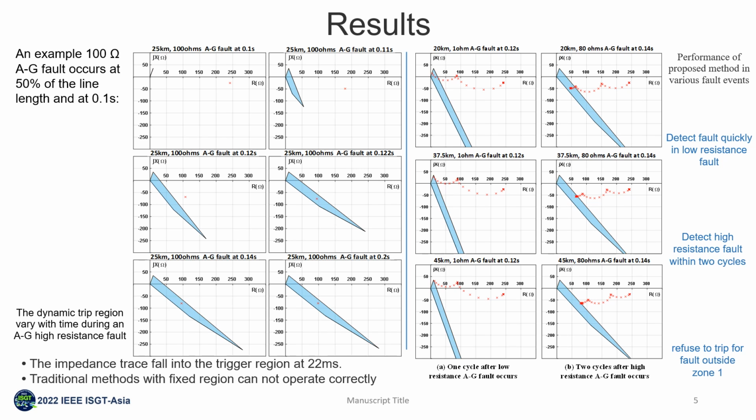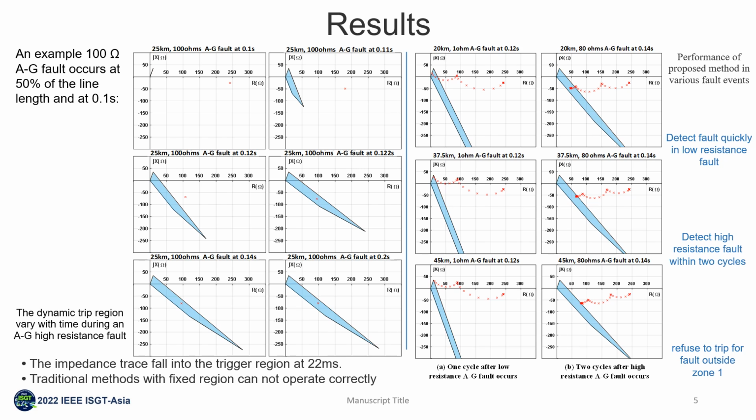A series of faults are tested in the same system. All of them are A-to-G faults at 0.1 second, including different locations and fault resistances. The result is shown in the right figures. The left group is the low-resistance faults. The proposed method can detect faults in the protection interval within a circle. Existing relay methods have similar performance in low-resistance faults. The right group is the high-resistance fault cases.